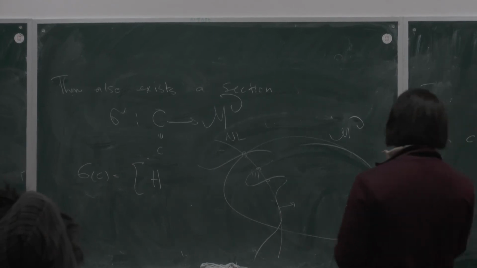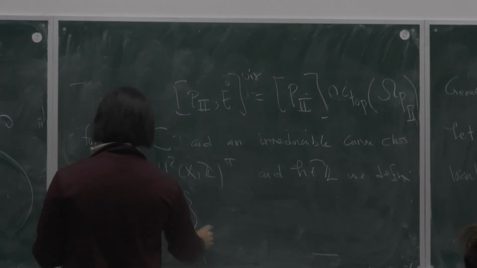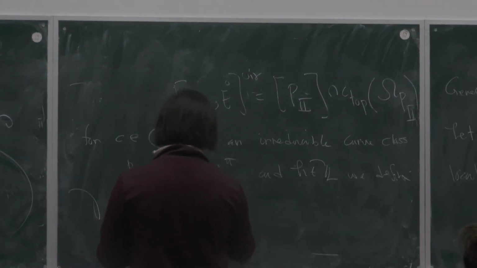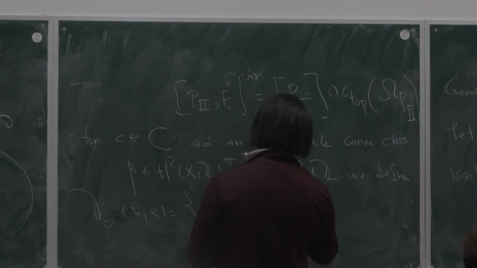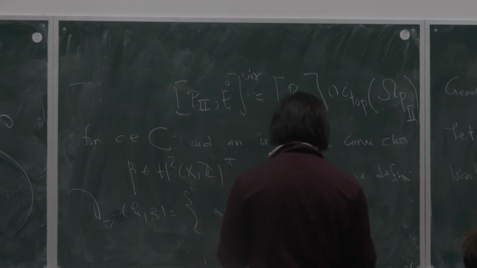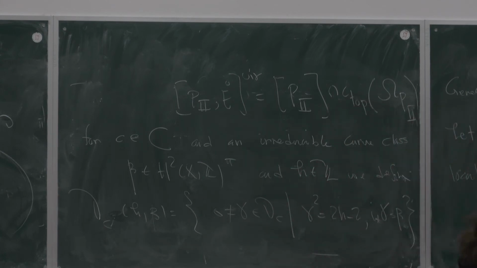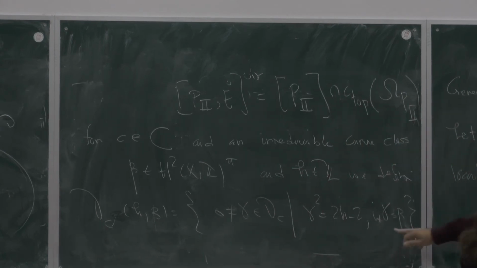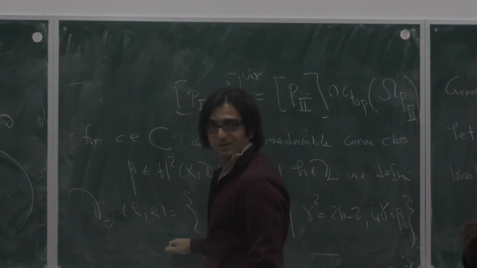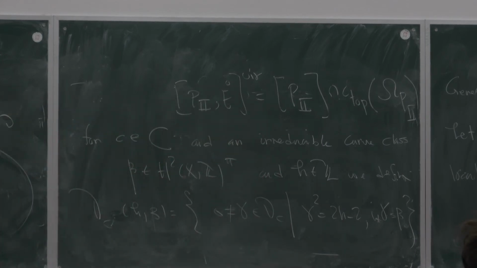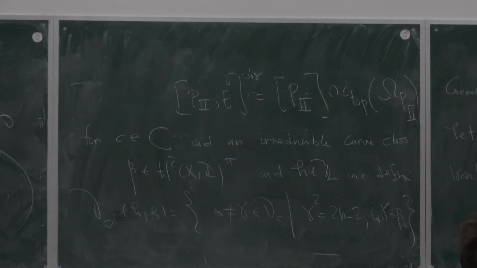We define mu_C of h and beta to be the set of gamma in mu_C such that the self-intersection is 2h minus 2 and the push forward of gamma is equal to beta. And this is the push forward inside the ambient threefold. Remember that we are picking curve classes in the threefold, but we are looking at them inside the surfaces. So you might get 0 curve classes when you push forward the curve classes into the ambient threefold.